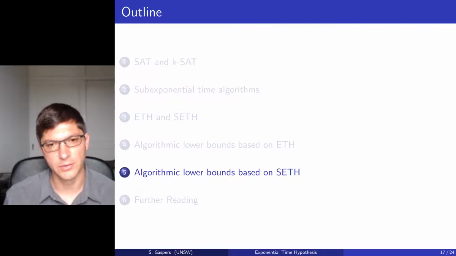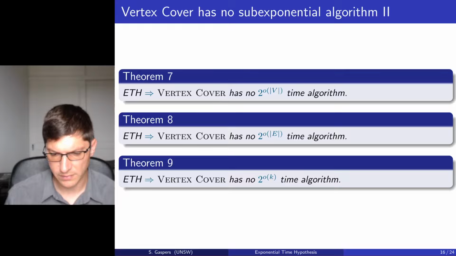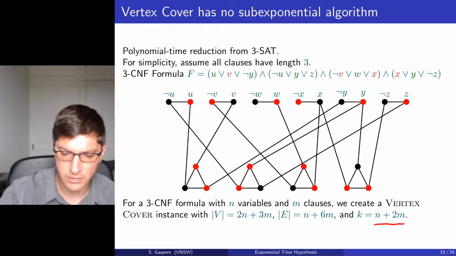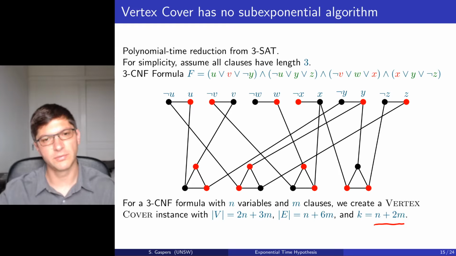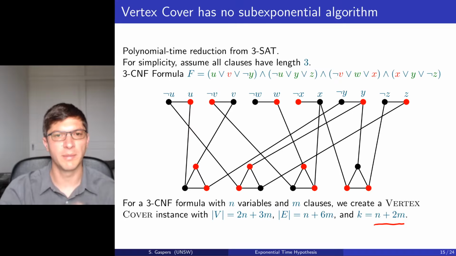Okay, let's also try and use the strong exponential time hypothesis. And so we see that what we did here, it was sufficient that the parameter of the resulting instance was linear in the parameter of the input instance. So here the 3SAT had parameter n plus m.